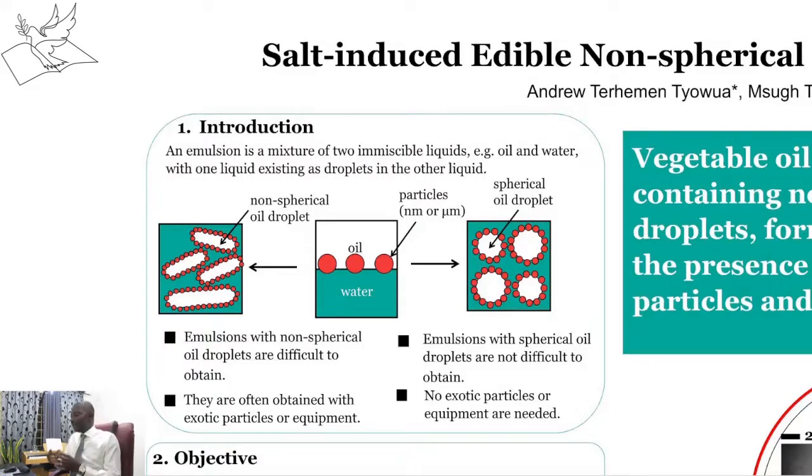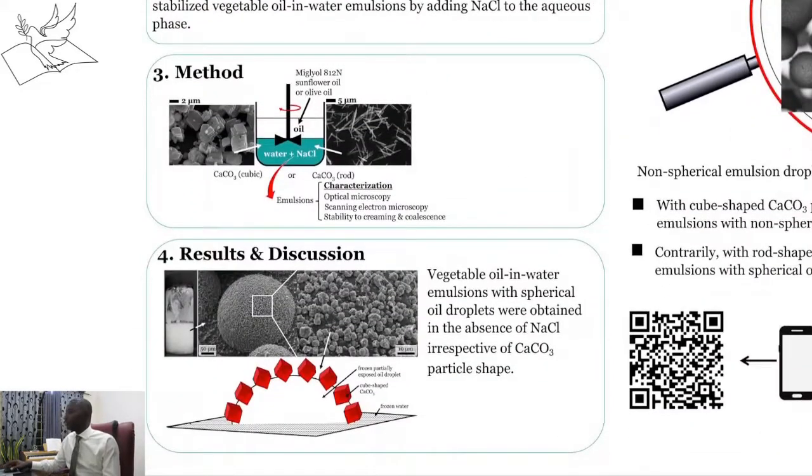Basically, what we did was we took an aqueous solution of sodium chloride. We added calcium carbonate particles, either the cube-shaped ones or the rod-shaped ones. We introduced oil, vegetable oil in this case, palm oil, sunflower oil, or olive oil.